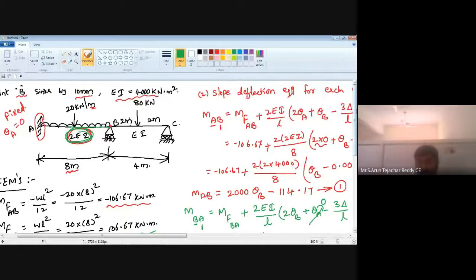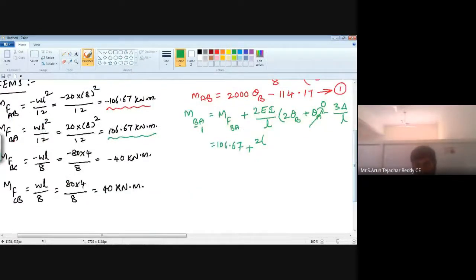So once again in place of EI, just substitute, 2EI by L, L is 8 meter, and 2 theta B minus 3 into delta. Delta value is 0.01 by 8. Now 106.67 plus 2 into again 2 into EI. What is the given EI? 4000, 4000 by 8.